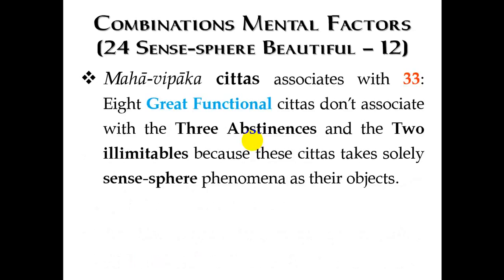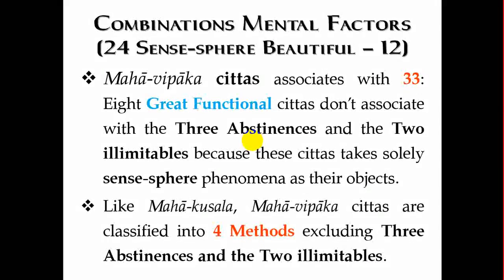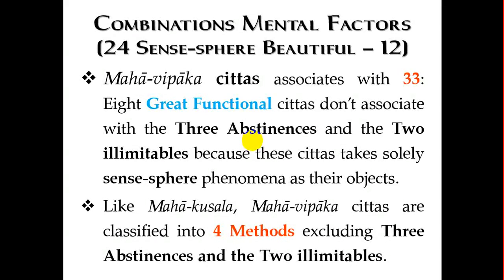We have to exclude 3 abstinences and 2 unlimited bases, right? The reason is these chetas, Mahavipaka Cheta, take solely sense-sphere phenomena as their object, right? So like Mahakusala Cheta, this also can be classified into 4 methods. We have to exclude 3 abstinences and 2 elementables.